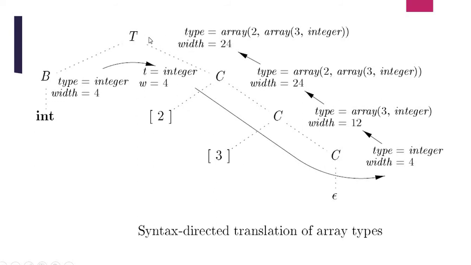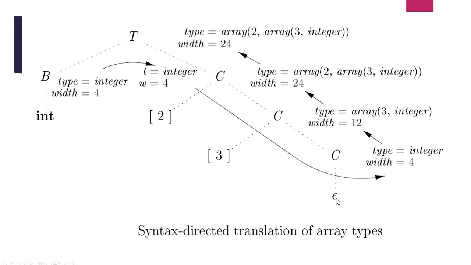Now we cannot directly identify the type and width of the parent T here. So we have to pass this data type integer and width 4 bytes, that is, each individual element's data type and width, down the parse tree.